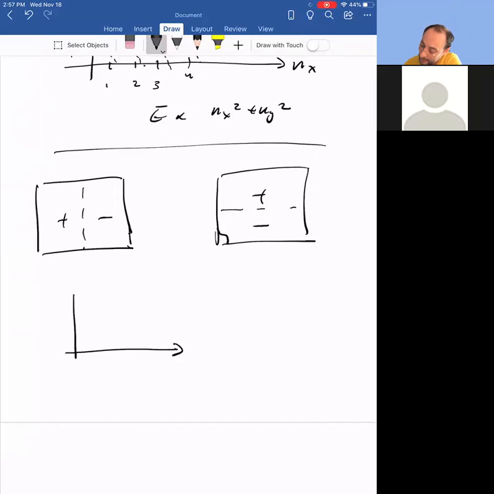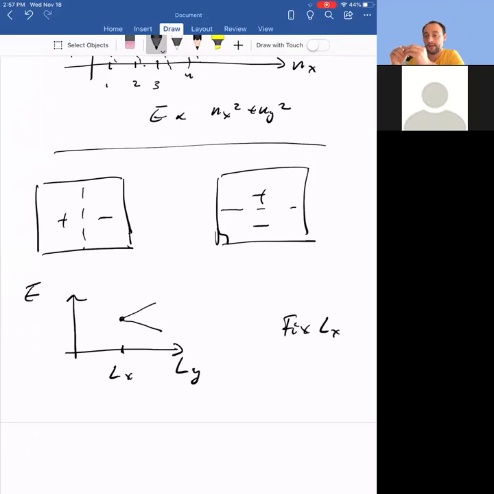Let's say I look at the energy, and I fix Lx and I vary Ly. When Ly equals Lx, you have a twofold degeneracy, but when you make Ly different than Lx, you lift the degeneracy.